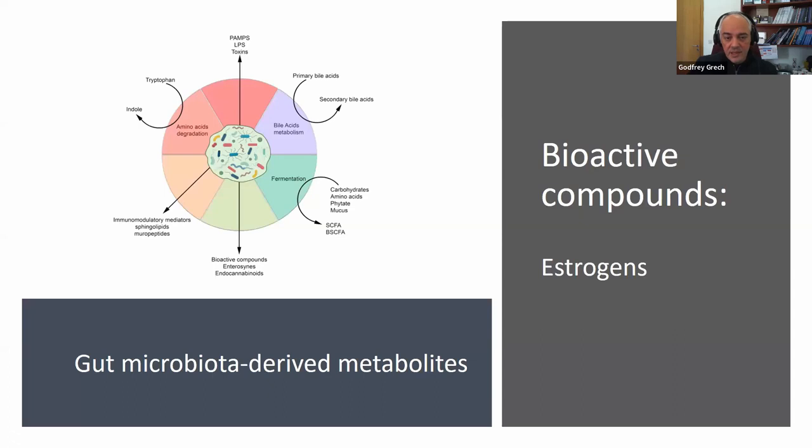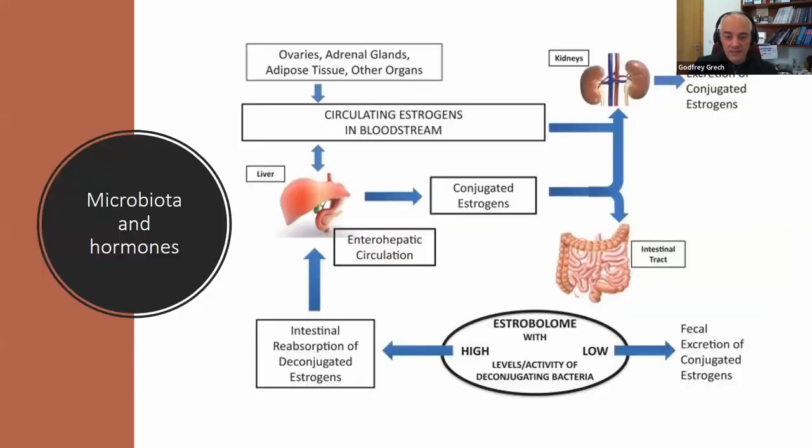Okay? Now, another point about bioactive compounds is that there are also hormones that are activated within the gut. And if you go on your top left, there are various organs and tissues that produce estrogens that will actually run in the bloodstream.